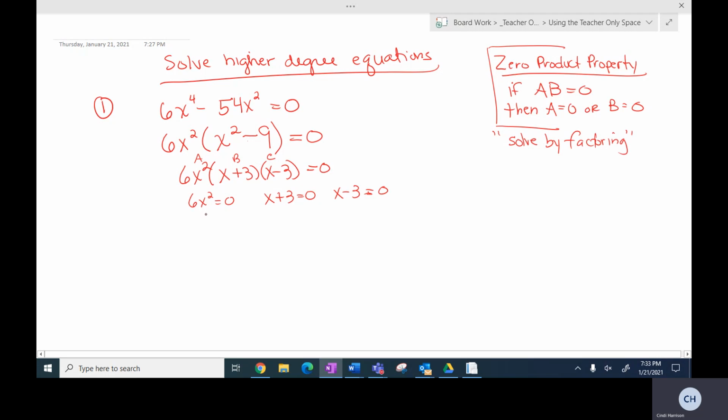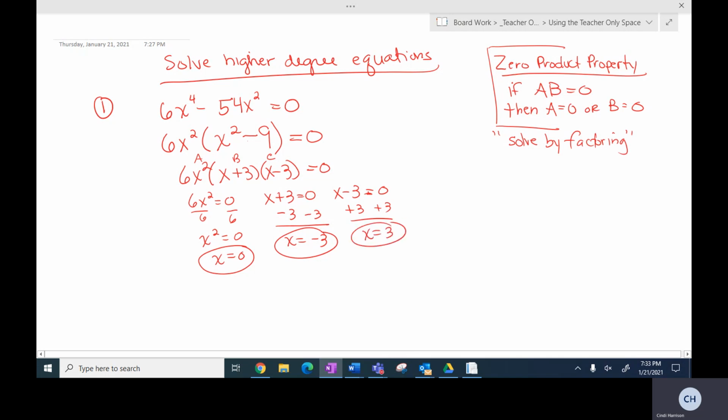Here we can divide both sides by 6, which leaves x squared equals 0. So we know the only way that can work is if x equals 0 itself. Then here I subtract 3 from both sides. So there's an answer. Here I add 3 to both sides, and there's another answer.